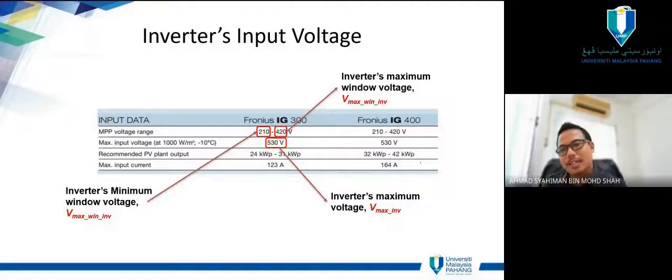Okay, so inverters input voltage. So ini just the example of some old school type of the inverter. Okay, inverter for the grid inverter, Fronius. Now recently, for those who have gone to industrial training in the construction of solar pump, maybe they know already. Huawei kan, brand Huawei, saya pun dah mention sebelum ni, sekarang ni sangat meletup-letup, digunakan secara luas.